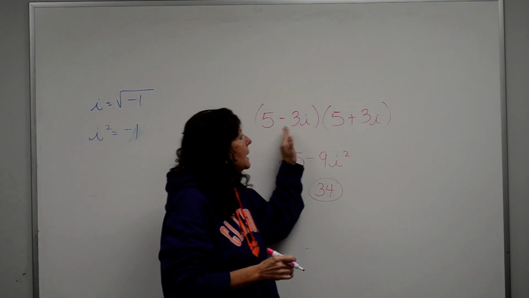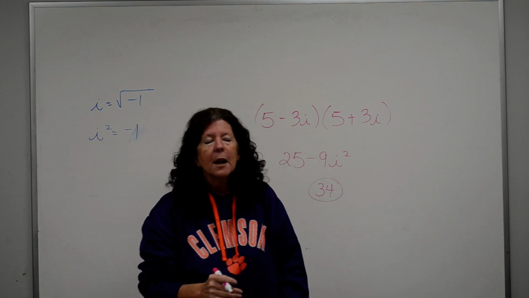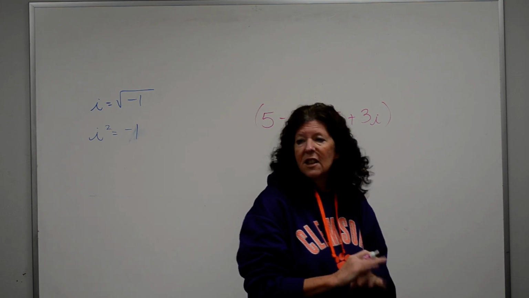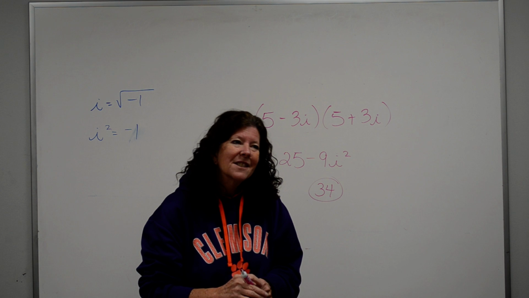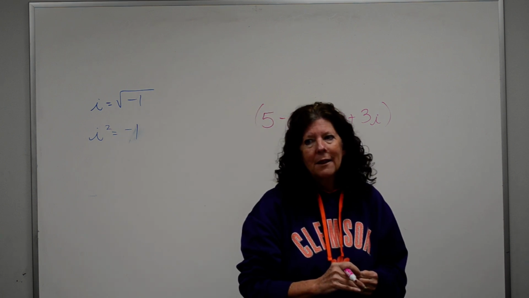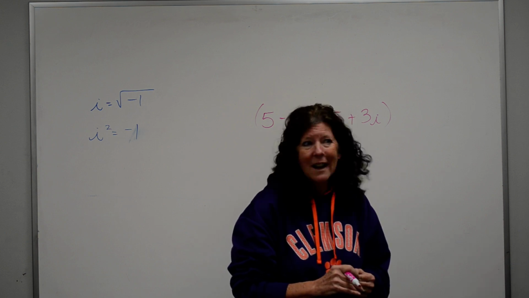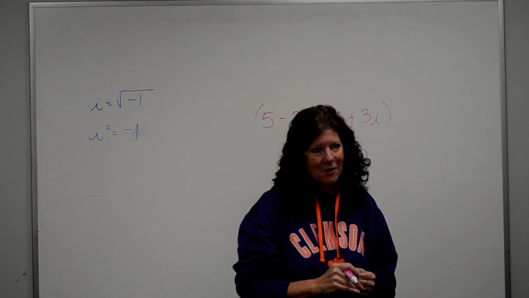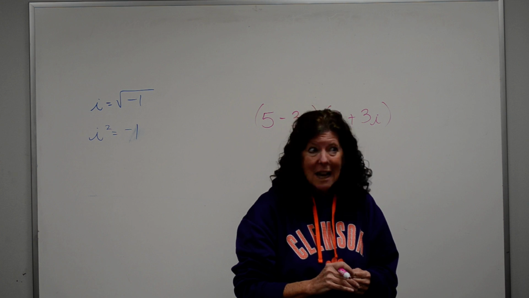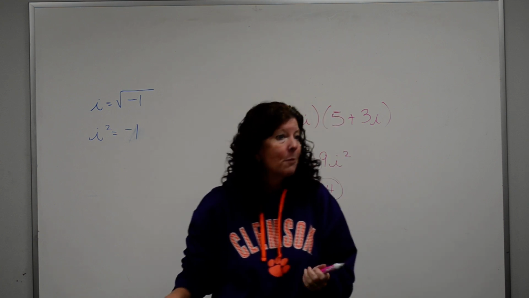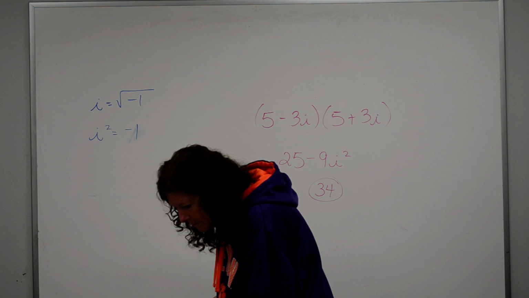So anytime I take one of these complex numbers and I multiply by its conjugate, it's gonna get rid of the i. And see, there's this other little rule in math that just like you can't have a square root in the bottom of a fraction, you can't have an i in the bottom of a fraction. So you're gonna have to do the same thing that you've been doing. You've gotta multiply to get rid of it.